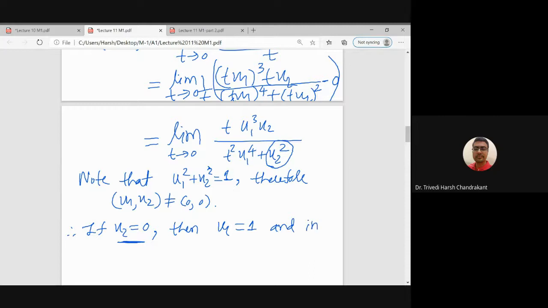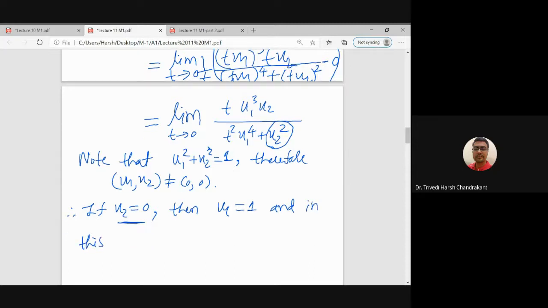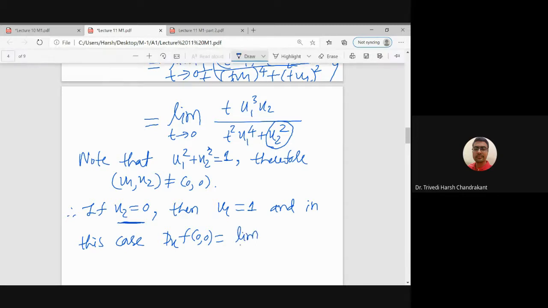and in this case our directional derivative, that is this limit, in which we have to substitute u1 is 1 and u2 is 0. So what will be the limit? So in the limit u2 is 0, so u2 is this term, so it is 0.